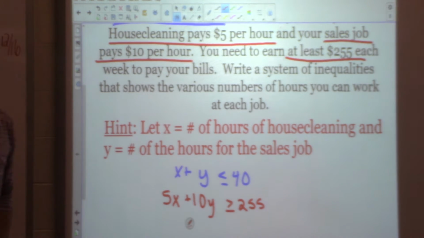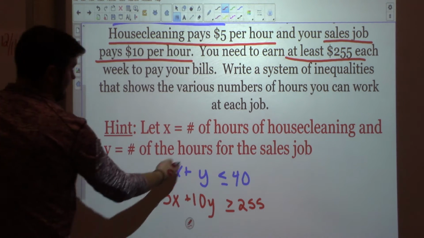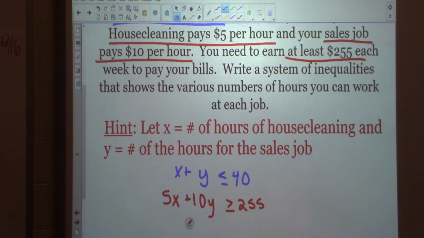I get $10 for every hour I work my sales job. So if I work my sales job Y hours, I'm going to do 10 times Y. Does that make sense how we found the two inequalities? Figure out what you're looking at. Well, we saw we were looking at the number of hours and the amount of money. So it's easy to figure out. Alright, so that's our system of inequalities right there. We have two inequalities. Let's graph them.